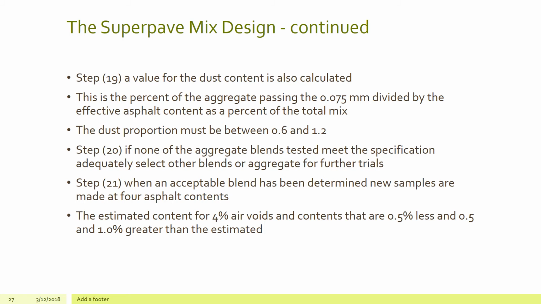If none of the aggregate blends tested meet the specifications, we adequately select other blends of aggregate for further trials. So we then look for an acceptable blend. Once one has been determined, new samples are made for asphalt contents at the estimated content for 4% air voids, and contents that are 0.5% less and 0.5% and 1.0% greater than the estimated value.